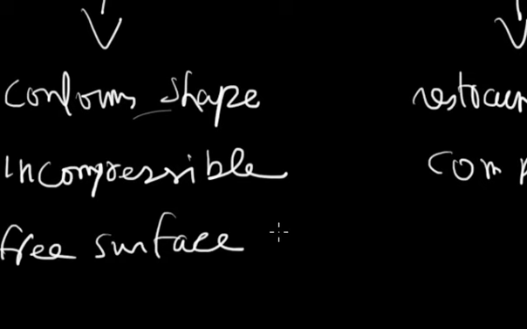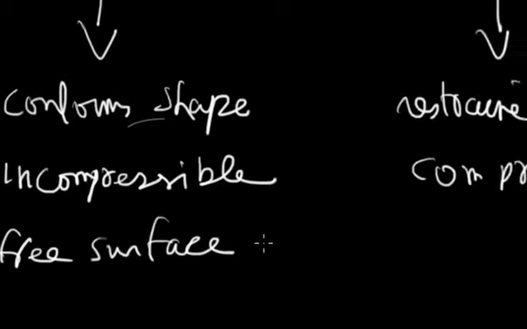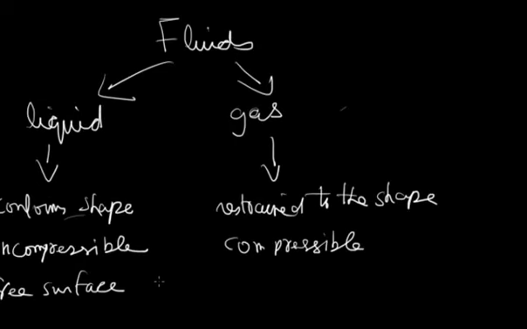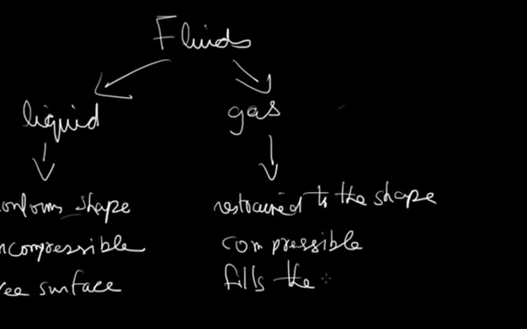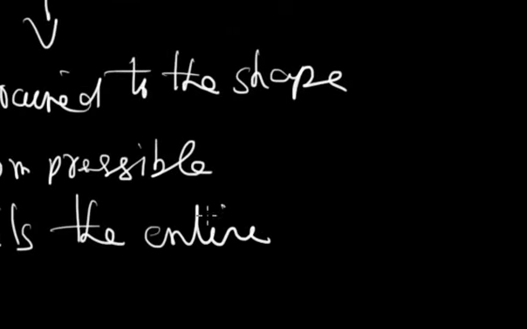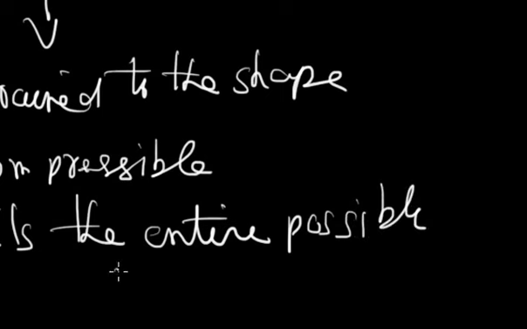If you are pouring 6 liters of water into 9 liters, naturally 3 liters of space would be vacant. But such a thing is not possible in gas, because gas spreads out and fills the entire possible volume. So you will not be having any free spaces.